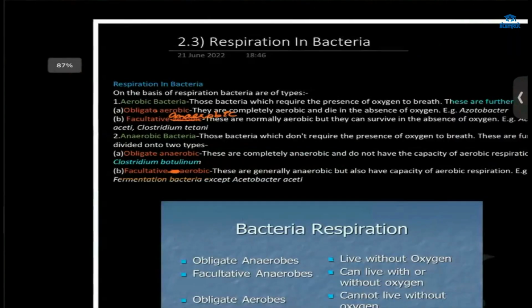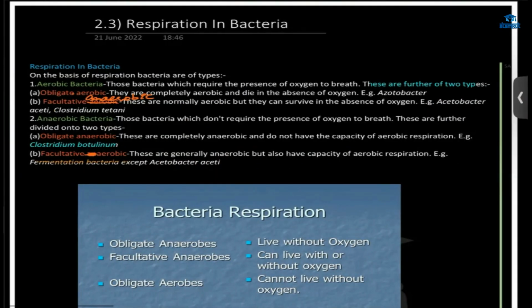So let's see examples. For the aerobic bacteria, the example is Azotobacter. For the facultative anaerobic bacteria, we have Acetobacter. Both are bacter, only azoto and aceto. In the obligate anaerobic conditions, the example is Clostridium botulinum.